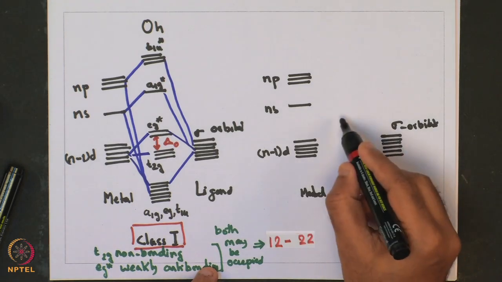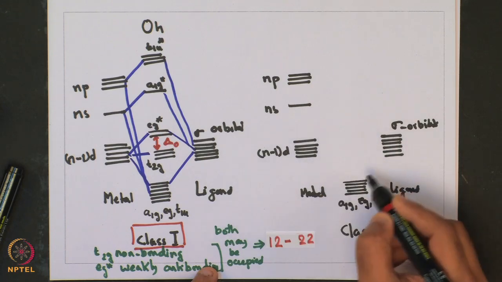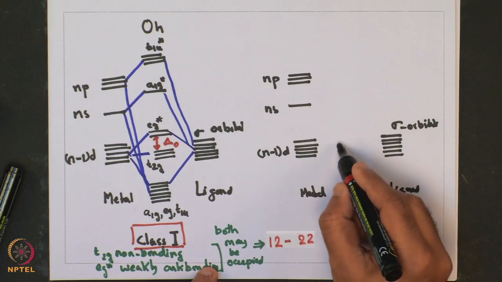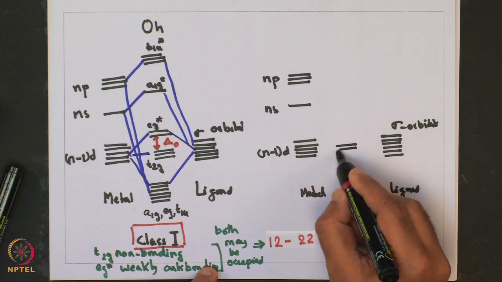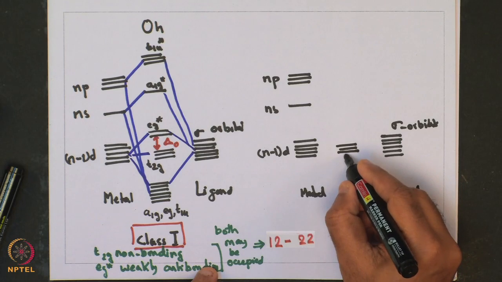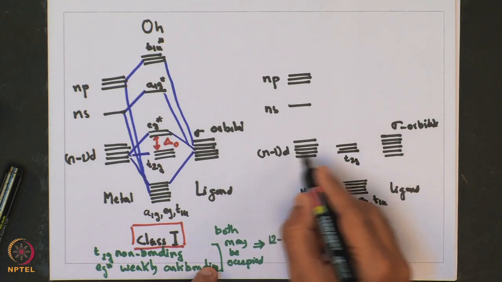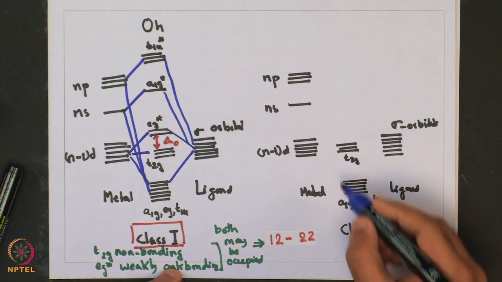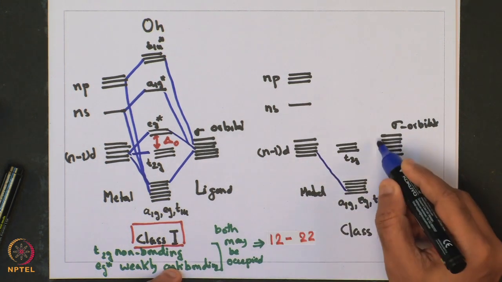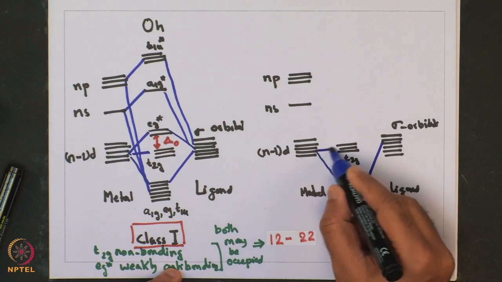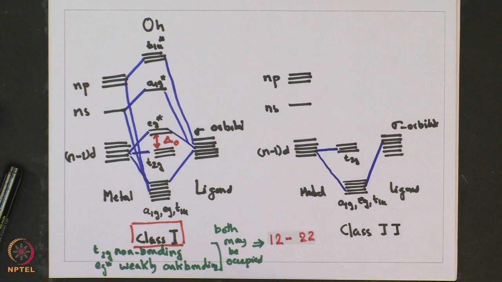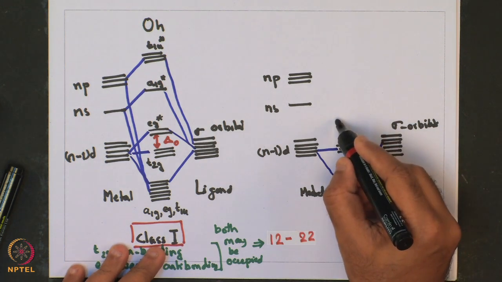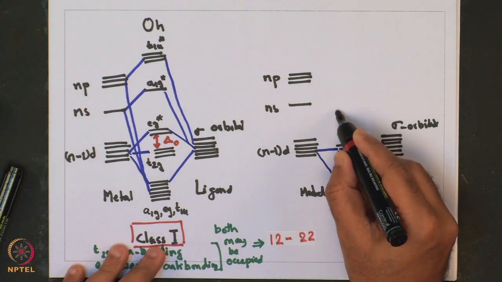That leaves 3 non-bonding T2g levels, which are basically d orbitals of the metal, and these 6 bonding orbitals would result in 6 antibonding orbitals.